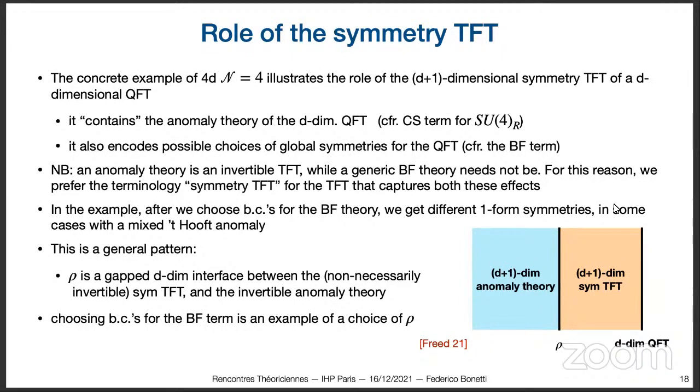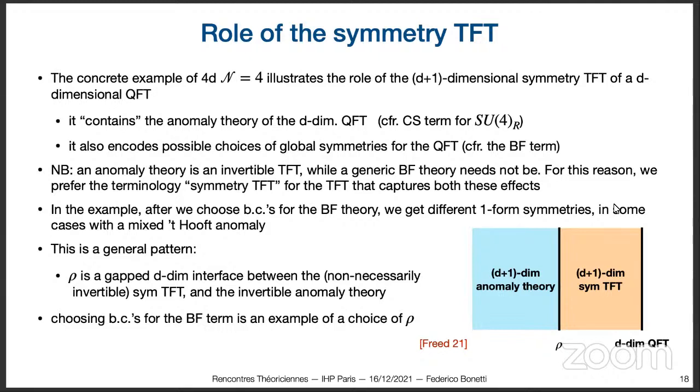For instance, a practical criterion is if you evaluate it on a codimension 1 space, it should give you a Hilbert space, and that should be one-dimensional. If it happens to be a higher dimension, then it's not invertible. And this is what happens to BF theories. Essentially, their Hilbert spaces would be more than one-dimensional, so they're not really anomaly theories, strictly speaking.